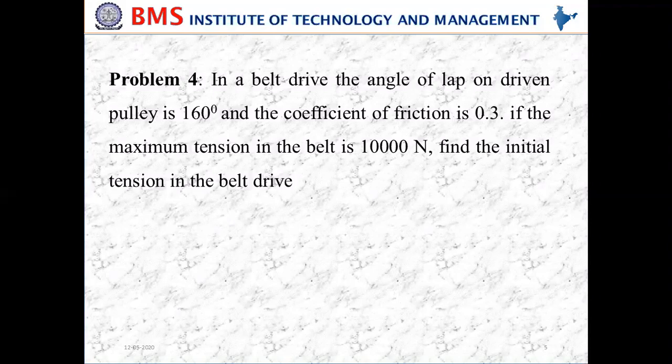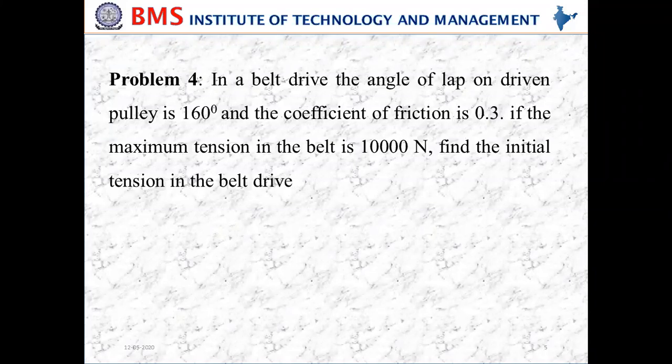So once you know all these parameters, I can easily apply this. T2 is equal to T1 by e power mu theta. So from that equation, I can find out T2.